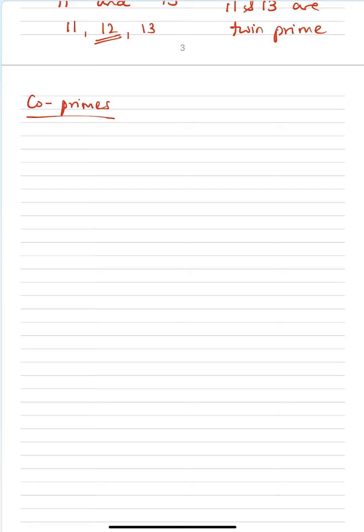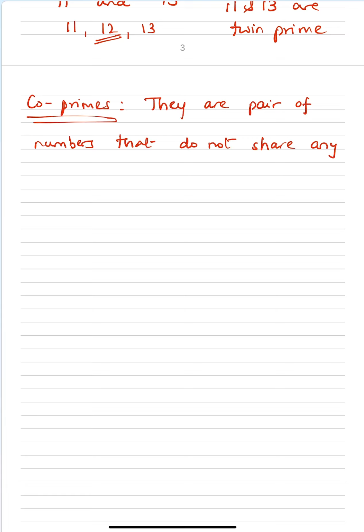Okay? Twin prime numbers. Now, what are co-primes? As I said, there are two types of prime numbers. One is twin prime, other is co-prime. These are the pairs of numbers that do not share any common divisor except one.